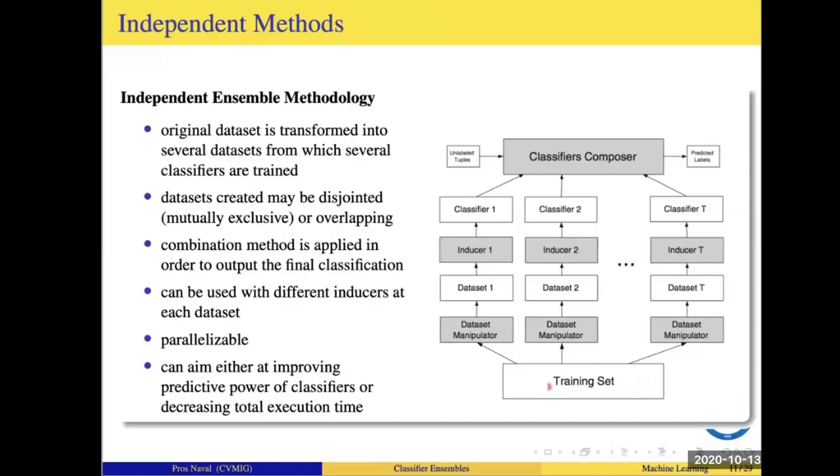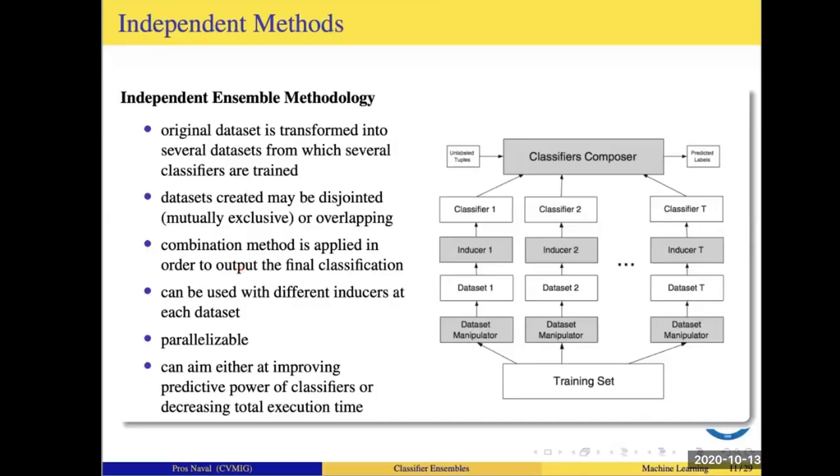So this is your original data set. It is transformed into several data sets, 1 up to T, from which different classifiers 1 up to T will be trained on. The data sets created may be disjoint, meaning mutually exclusive, or they could be overlapping.